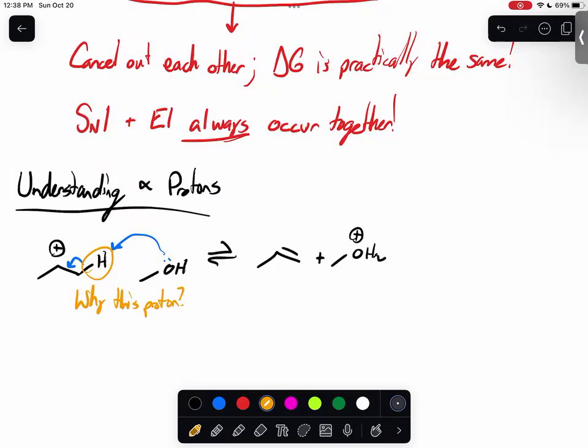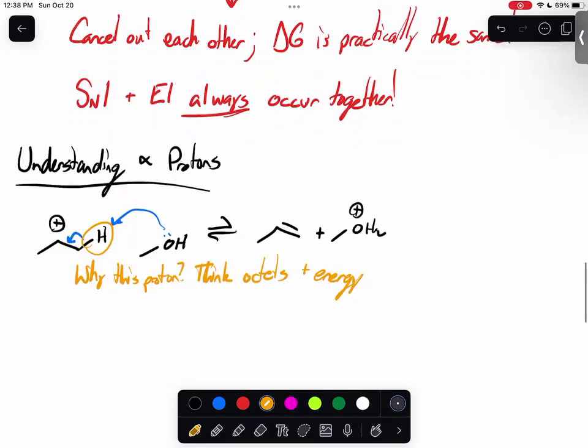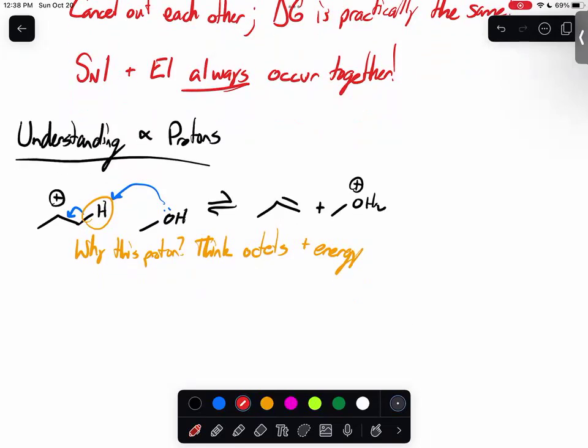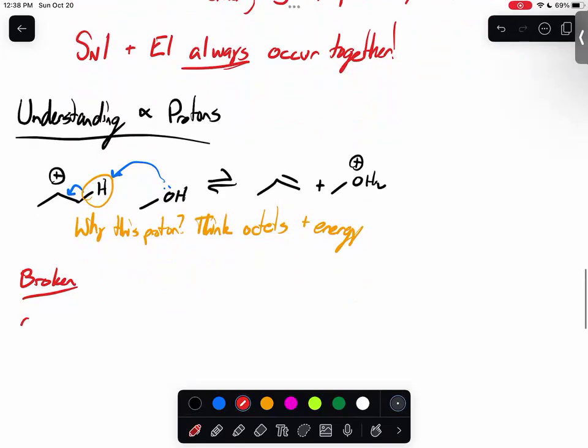So when we're thinking about the step in terms of energy, the bonds that are broken are that CH bond, which is 98 kilocalories per mole. Whereas the bonds that we have formed, the OH bond, is 102 kcals per mole.